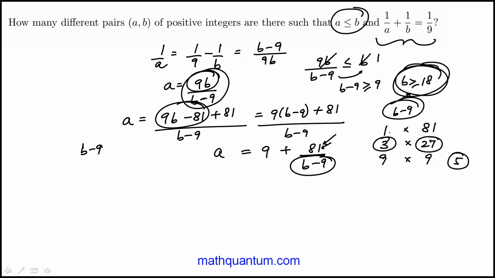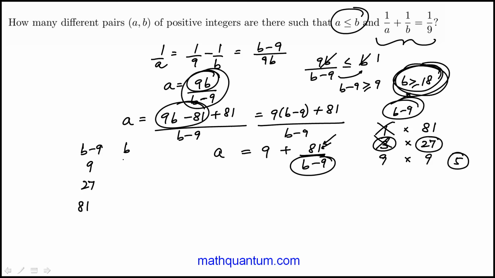So if B minus 9, well, because B has to be greater than or equal to 18, it can't be 1. It also can't be 3, because in that case, B would be 12. So the only ones I have to examine for B minus 9 are 9, 27, and 81.